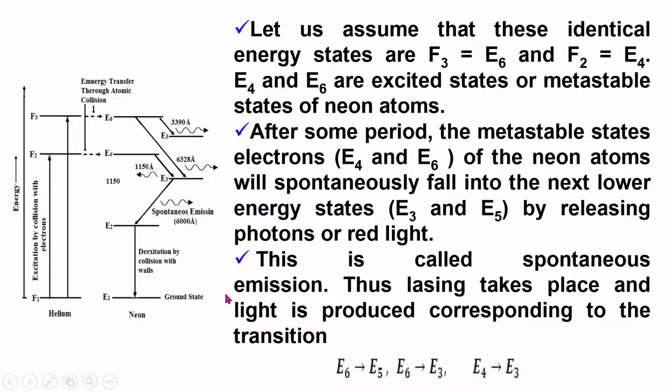That means there is the transition of the neon atoms from the metastable state E6 to E5 and E3. So now in this diagram we can see that there is the transition from the metastable state E6 to the lower energy levels E5 and E3.